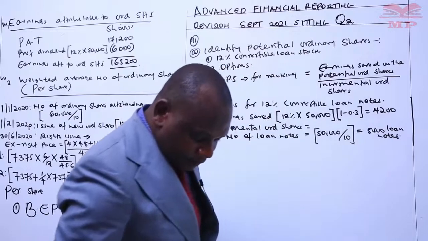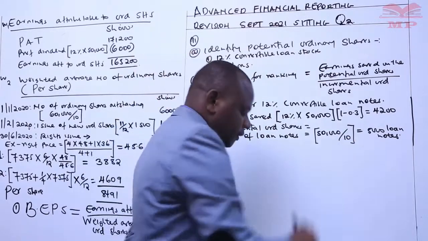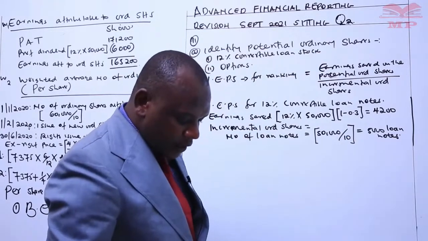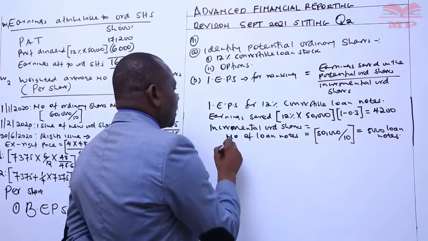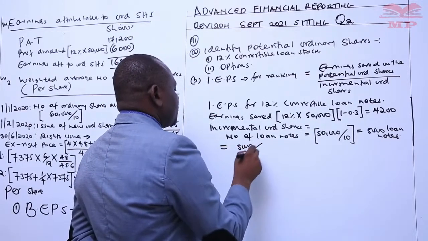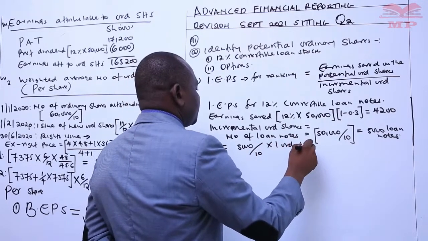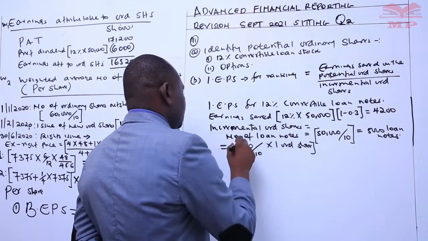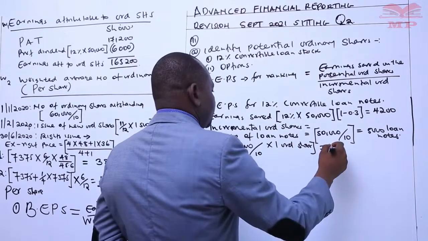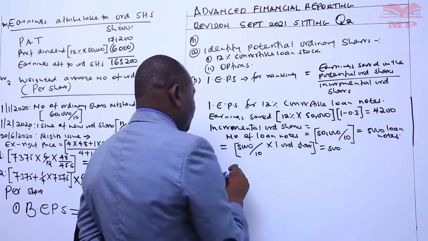The next, 10 of these loan notes is equivalent to 1 ordinary share. So that will be 5,000 over 10 times 1 ordinary share, which is equal to 500.